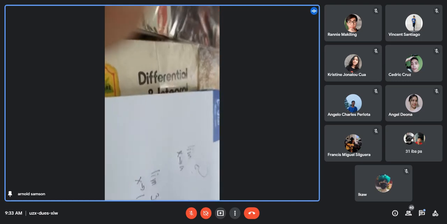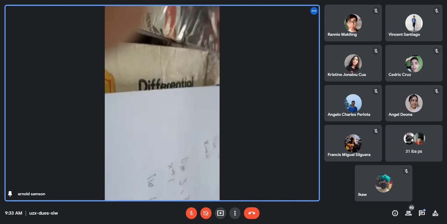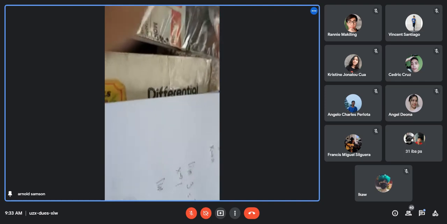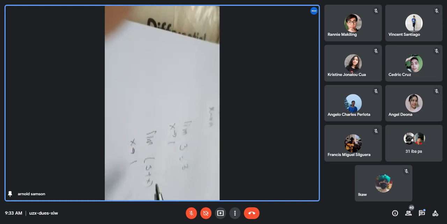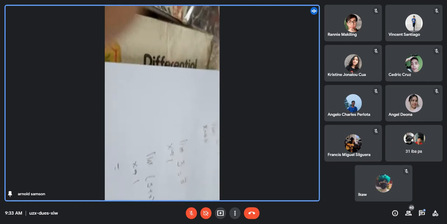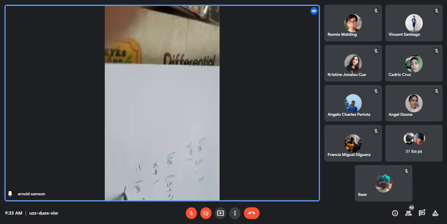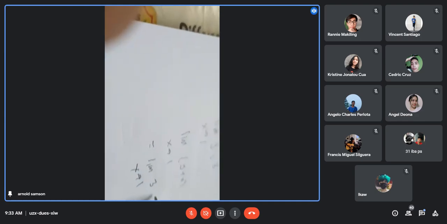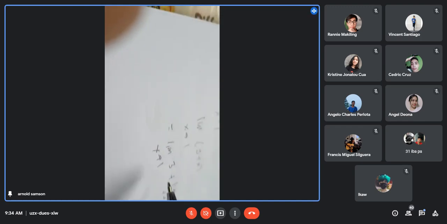Okay, next rule. Say the limit of 3 plus x when x approaches 1. Following the basic rule for addition, we separate the two. So your answer will be the limit of 3 when x approaches 1, plus the limit of x when x approaches 1. Since the limit of a constant is the constant, the answer is 3, plus the limit of x, and since x approaches 1, the answer is a, which is 1.